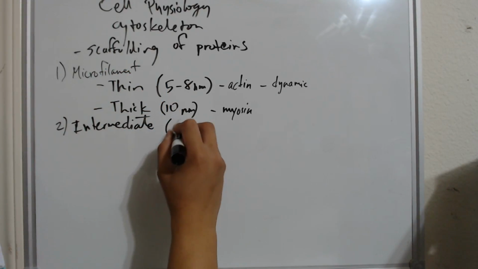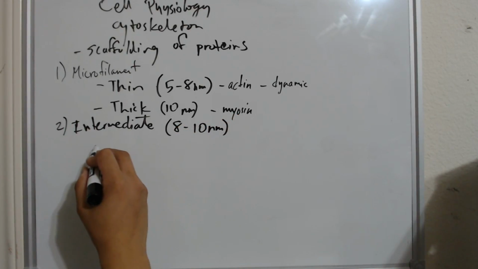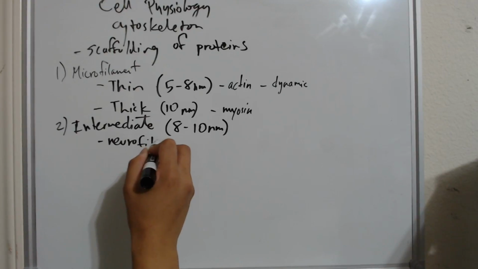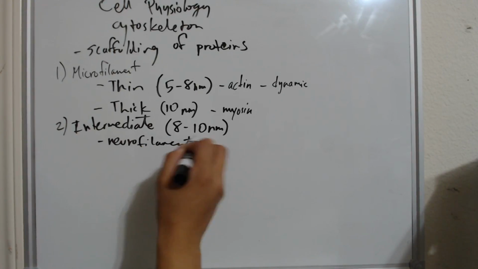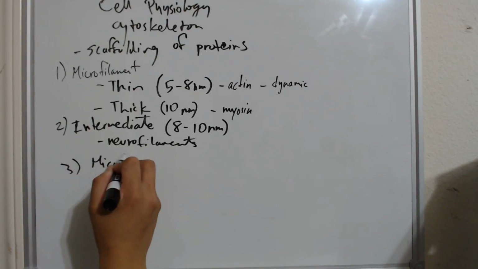These are about 8 to 10 nanometers wide. An example are neurofilaments. And then there are microtubules.